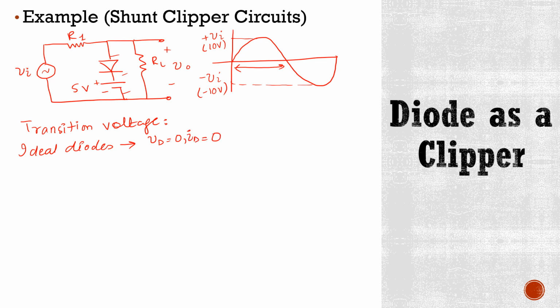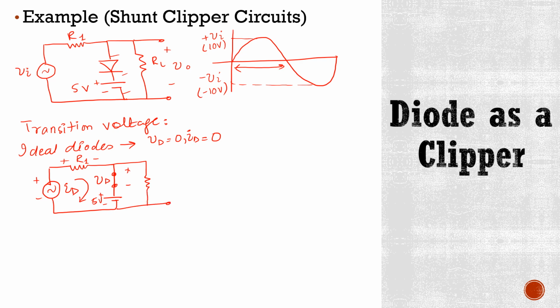So this circuit will now look like this. Now this is plus minus Vd, this is plus minus R1, this is the direction of current, this is plus minus 5 volts, and here we have the load resistor, and the voltage drop across this load resistor is V0.